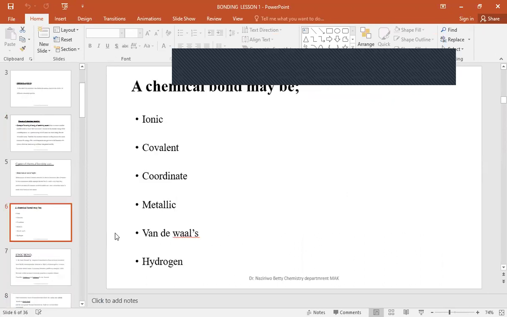A chemical bond may be ionic, covalent, coordinate, metallic, van der Waals, or hydrogen bond. In this topic, we are going to look at ionic bond, covalent bond, metallic bond, but not van der Waals or hydrogen bond because we looked at them in the first year extensively.